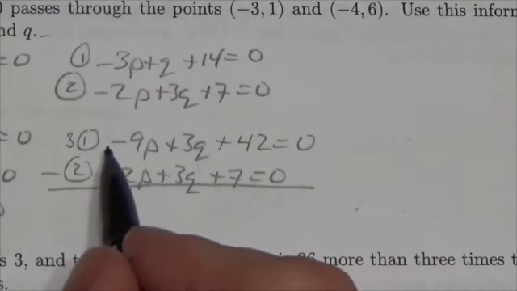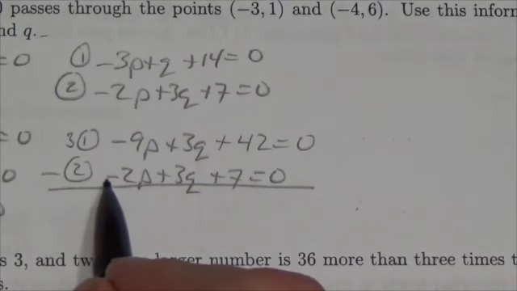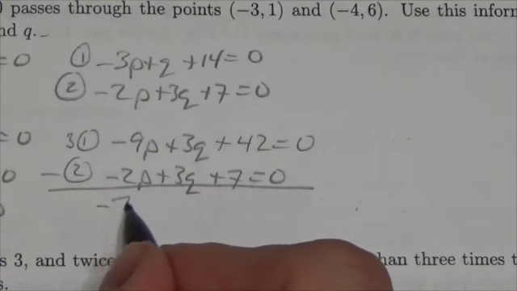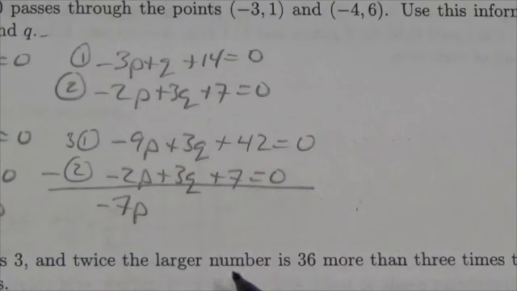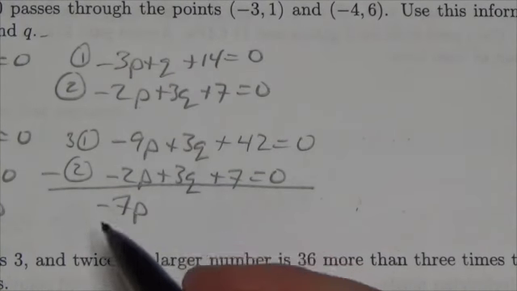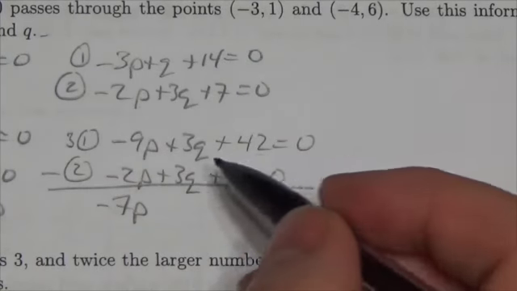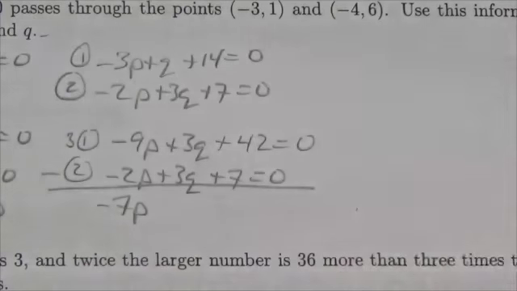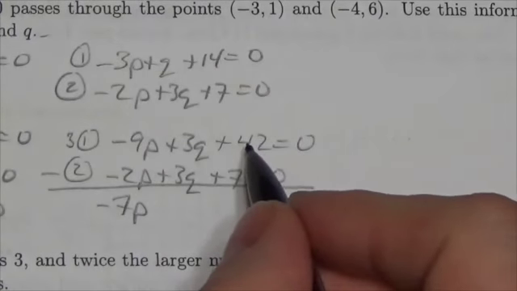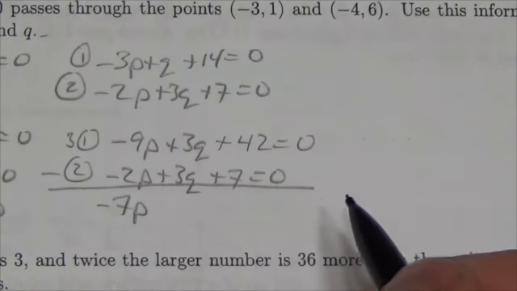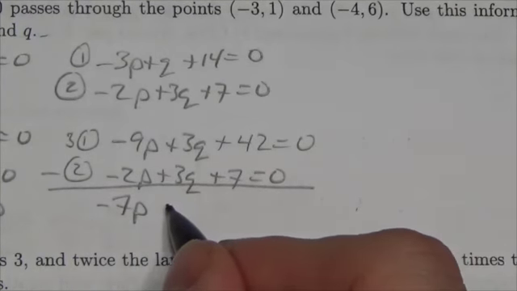Negative 9p minus negative 2p is going to give me negative 7p. Just watch that. We've seen this before, and subtracting the negative is really what causes problems. 3q minus 3q goes away. 42 minus 7 is going to be 35.